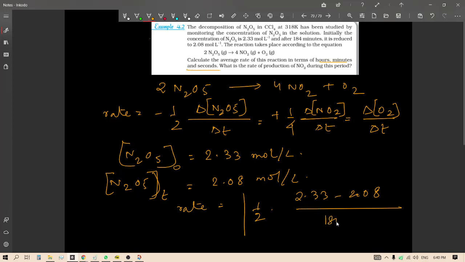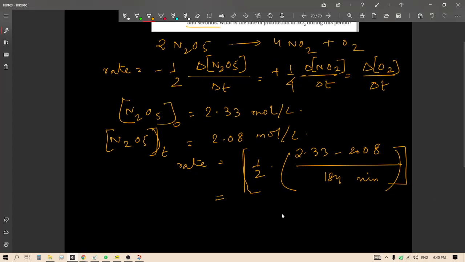So first we will do it for 184 minutes. If you calculate it, how much does it become? It becomes half into 2.33 minus 2.08 by 184. Do it. It is 0.25 by 184, right?